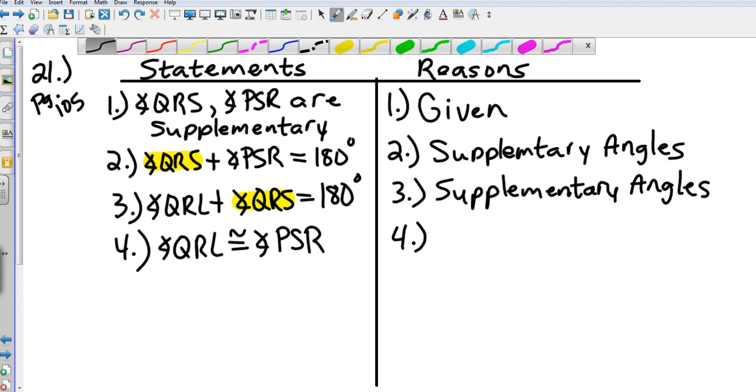And that's because of theorem 2.4, my congruent supplements theorem. I'm just going to write congruent supplements.